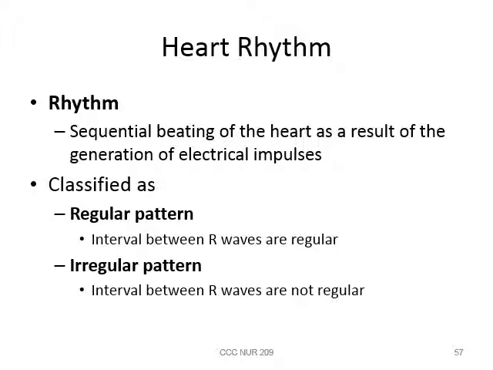It's an irregular pattern. You can have a regularly irregular pattern, you can have an irregularly irregular pattern, or you can have a consistent irregular pattern. So as we look at rhythms, we're looking at the rhythm of the QRSs and the P waves.